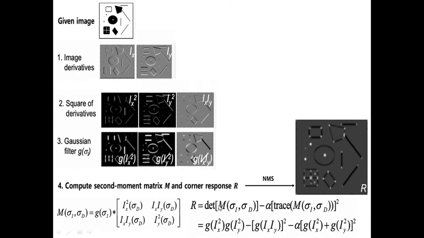The corner response is the old formula, determinant of M minus alpha times trace of M. Finally I obtain my corners in this manner. These are the corner points, or interest points, for the given input image.